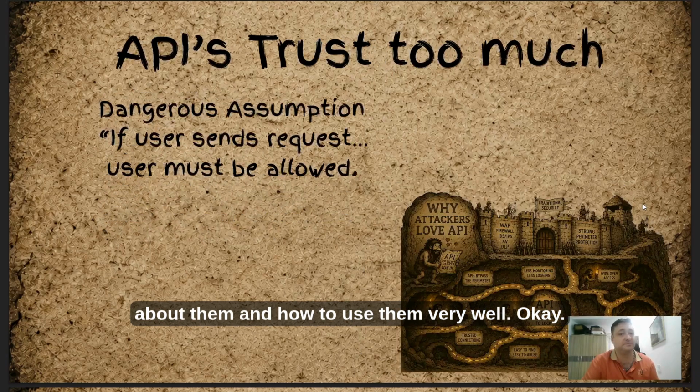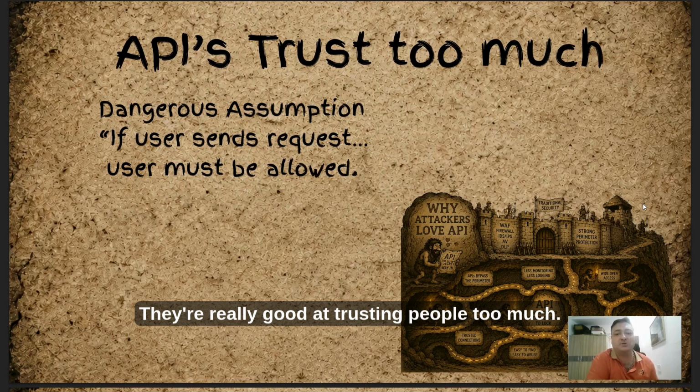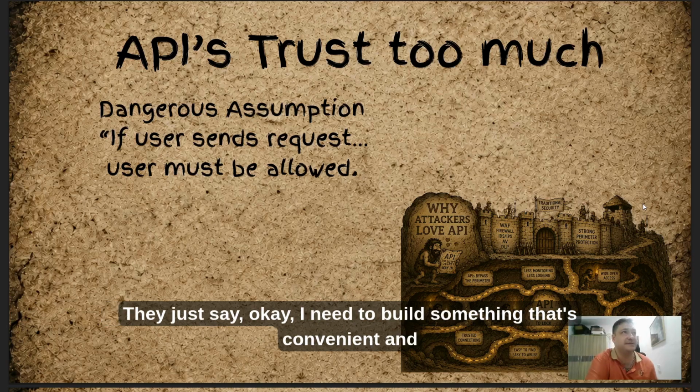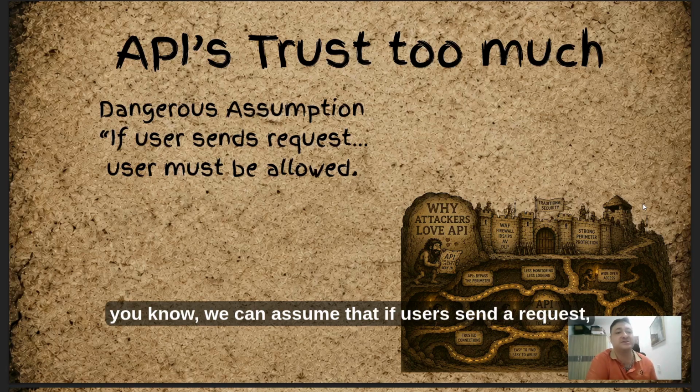Okay? All right, so let's talk about APIs a little bit. They're really good at trusting people too much. A lot of times when you're creating APIs, a lot of people don't think about the security aspect. They just say, okay, I need to build something that's convenient and accessible, and that's it. So here, we can assume that if users send a request, the user must be allowed. This makes sense, right?